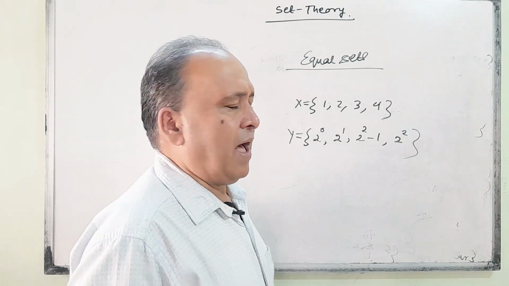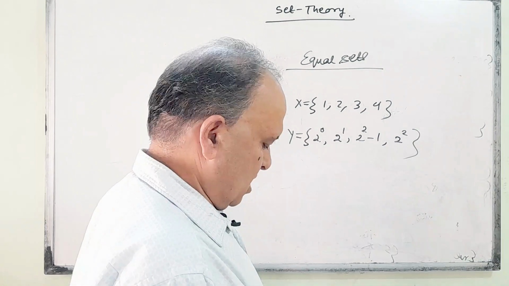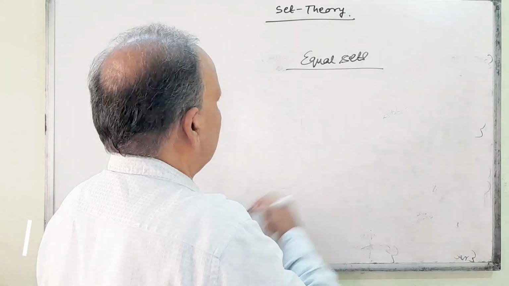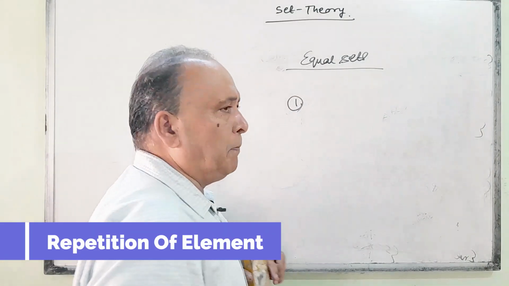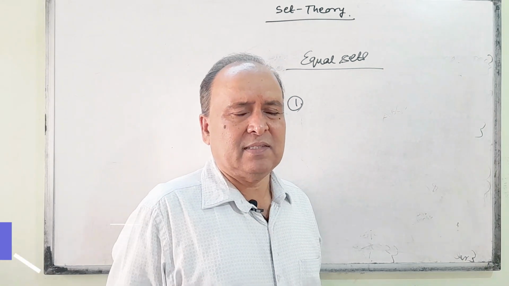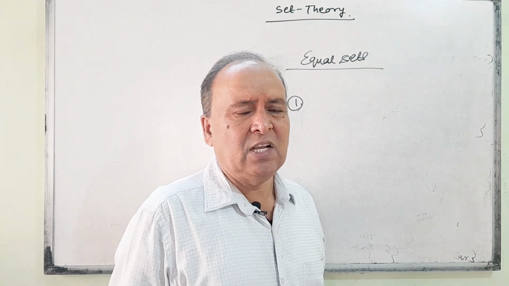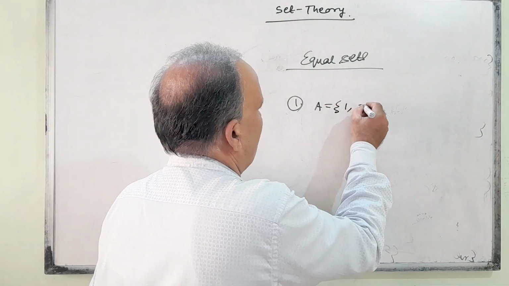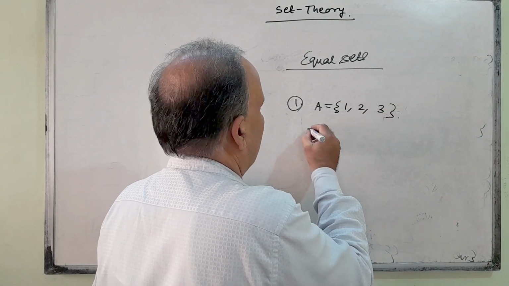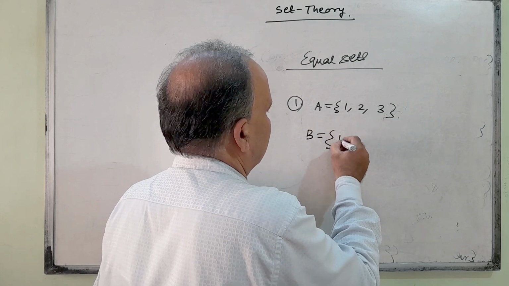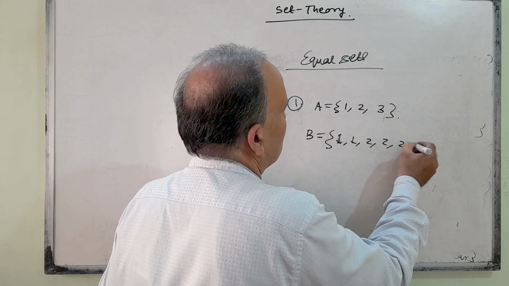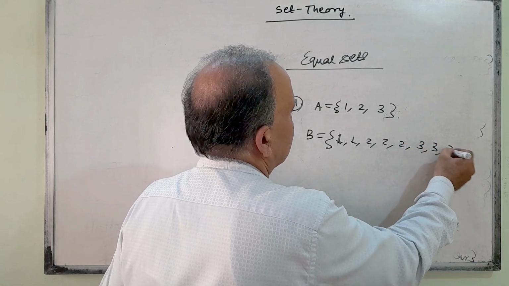There are some axioms about equal sets. You remember one thing. What are these axioms? Repetition of elements in sets does not alter a set. Suppose A is a set {1, 2, 3}, and B is a set you write like this: 1, 1, 2, 2, 2, 3, 3, 3, 3.